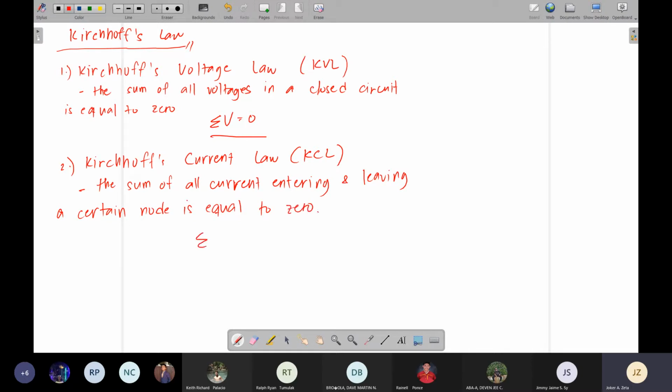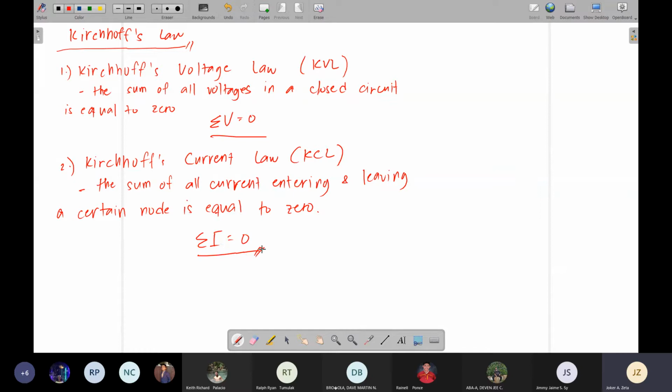So the same gihapon, in terms of formula, summation of all current is equal to 0. Okay? So as you can see here, duha ka law for Kirchhoff's, they're basically equal to 0. Summation of voltages is equal to 0 and summation of all current is equal to 0.